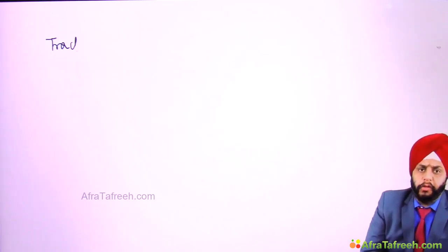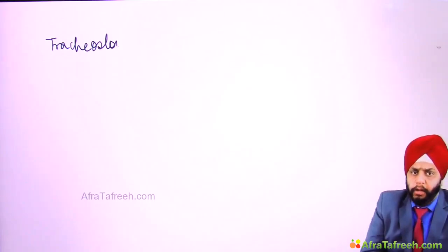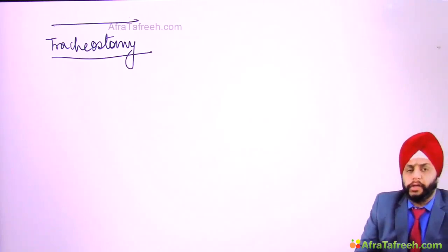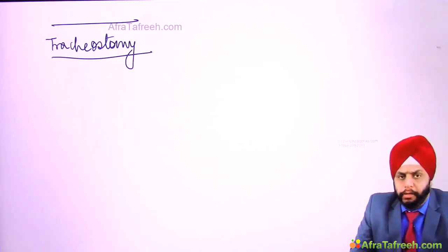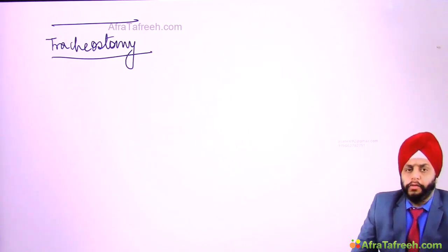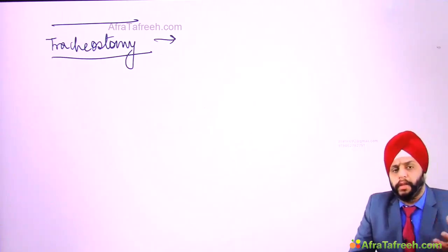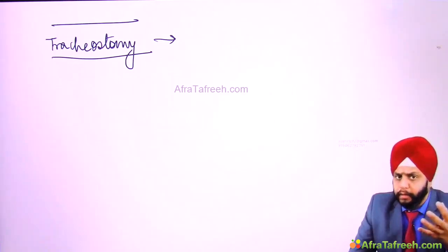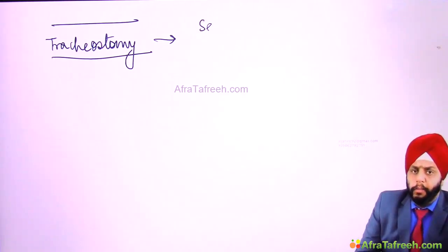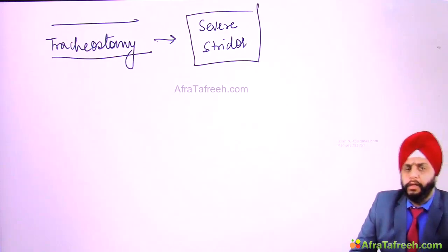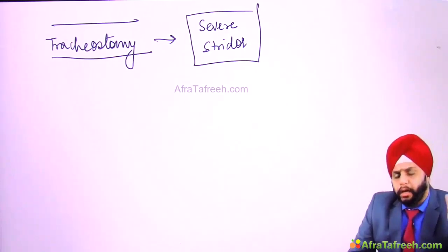So if somebody asks you what is the first step in the management of subglottic hemangioma, say the answer is tracheostomy. You have to secure the airway, right? Remember, subglottic hemangioma, the mass is blocking the airway, and the stridor may be a severe stridor.